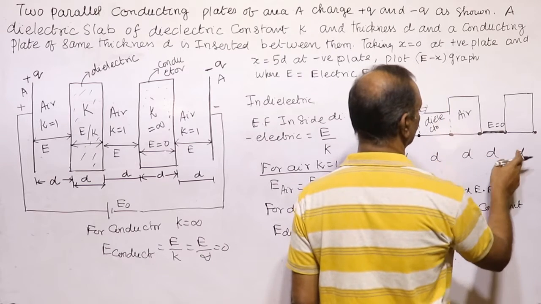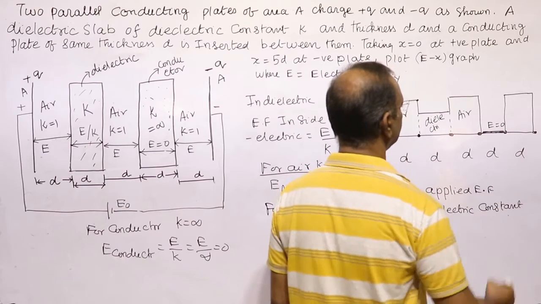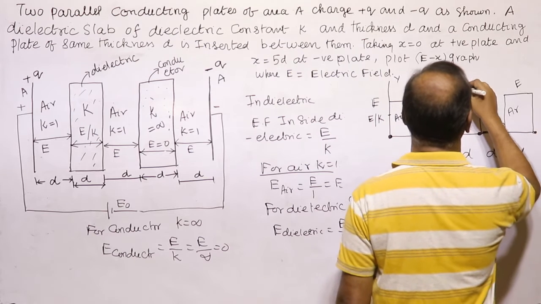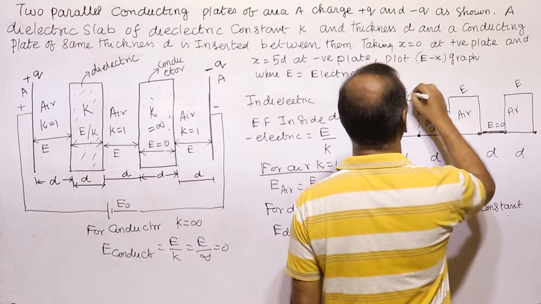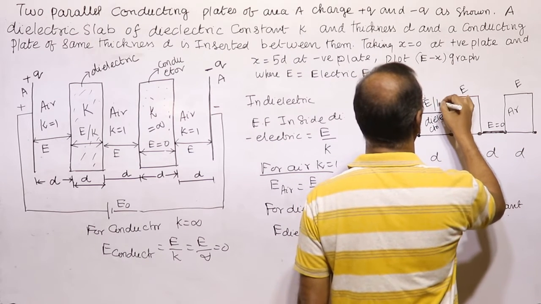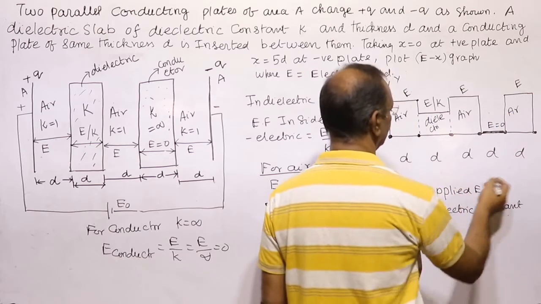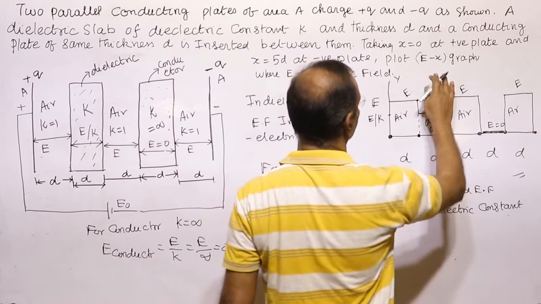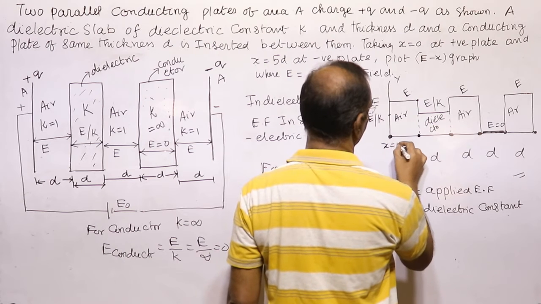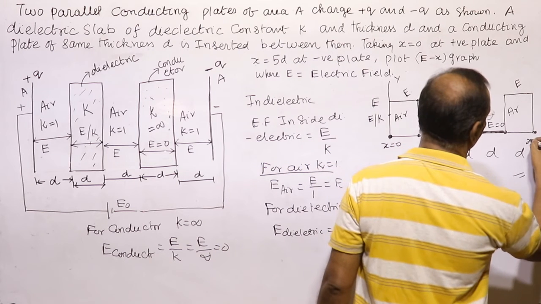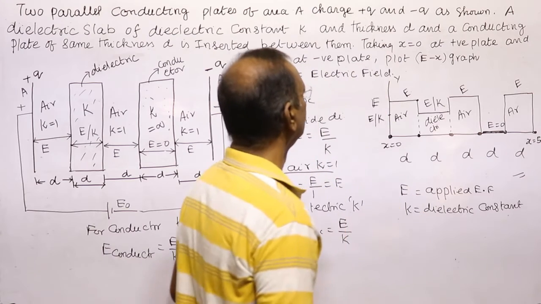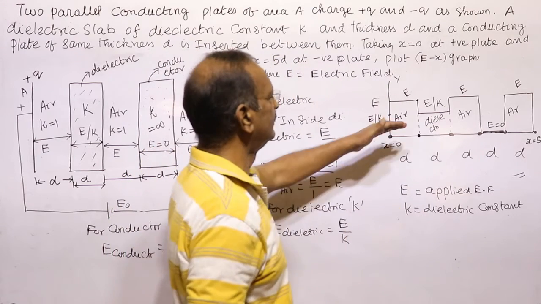Here is air with electric field E, here E divided by K, and here E equal to 0. This is E with respect to x, where x is equal to 0 to x is equal to 5d. So this is the graph of the electric field.